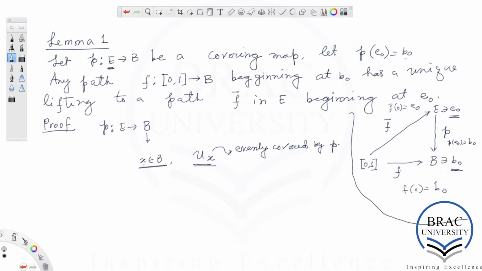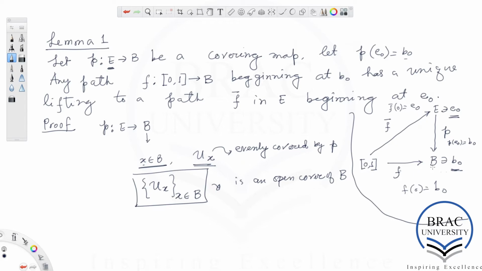Now we can have an open covering of this topological space B, which is the collection of all such U sub X as X varies in the topological space B. This is an open cover of B.